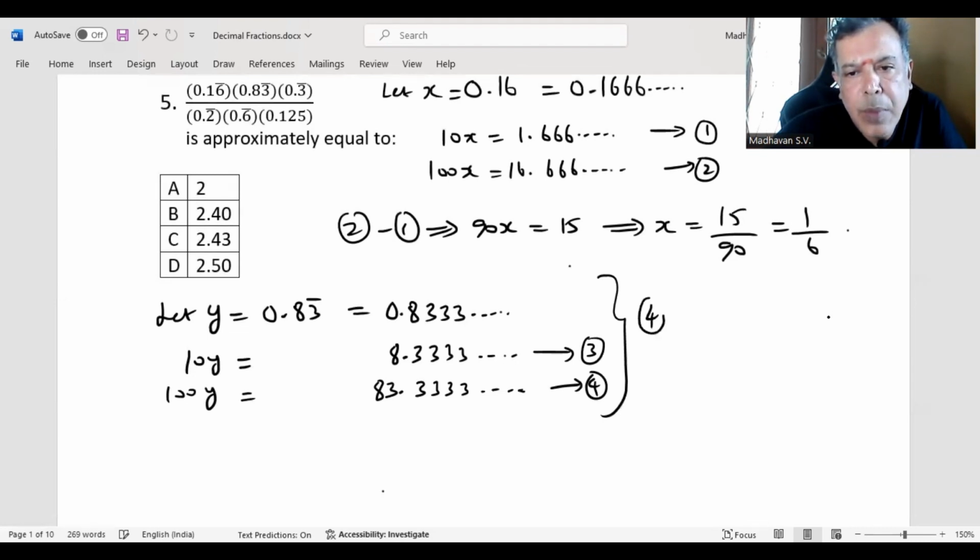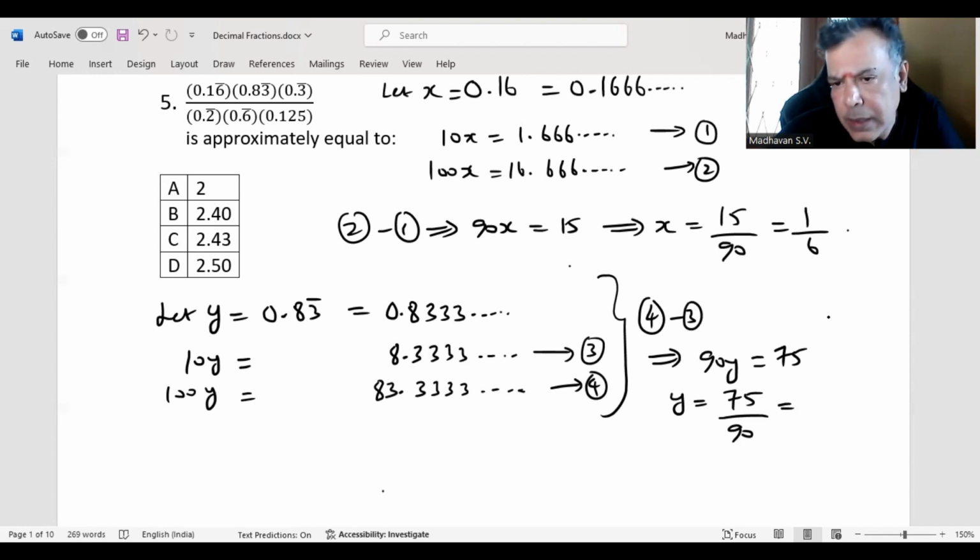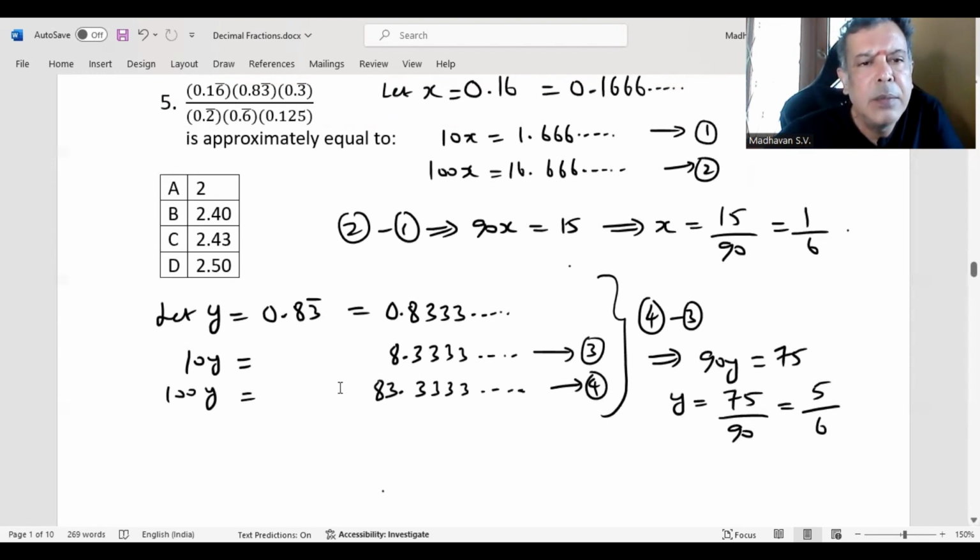We get 4 minus 3 as 90y equal to 83 minus 8, which is 75, because 0.3333 gets cancelled. Our y will be 75 by 90. Dividing both numerator and denominator by 15, we get 5 by 6. That is your 0.83 recurring.